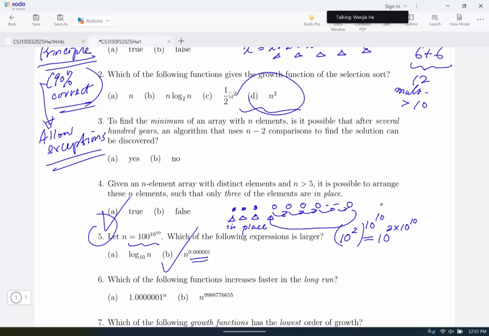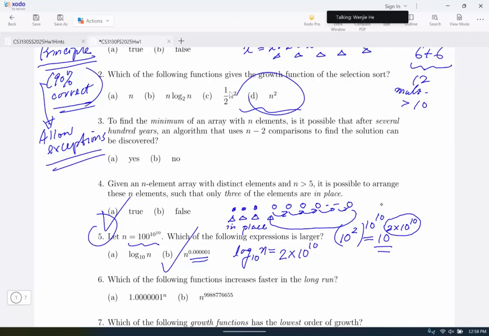Then we take log base 10. The base is gone, because with the exponential function base and log base the same, the base part is gone, so we only have the exponent part. So this equals 2 times 10 to the 10. First number. Second number, let's see if we can get a second number larger than this one.